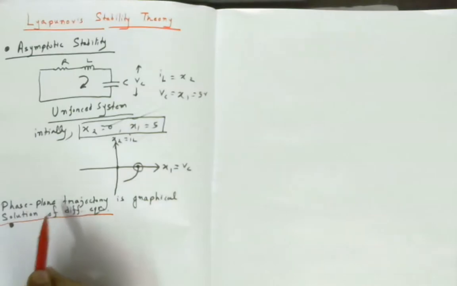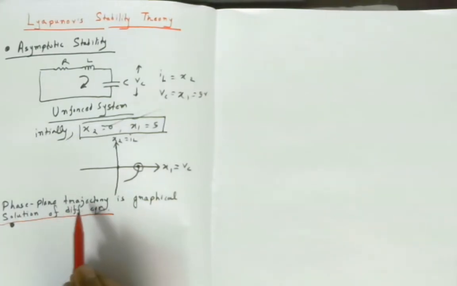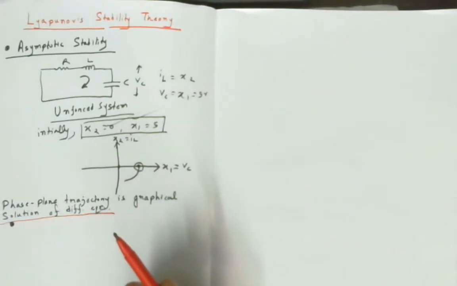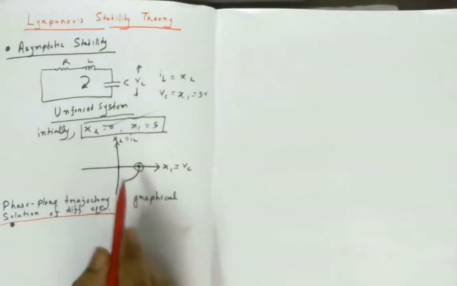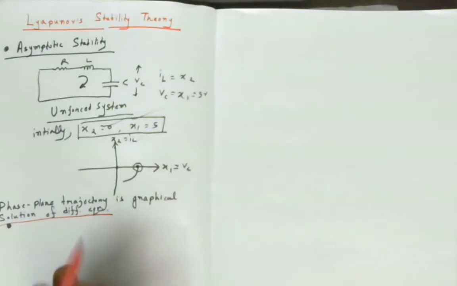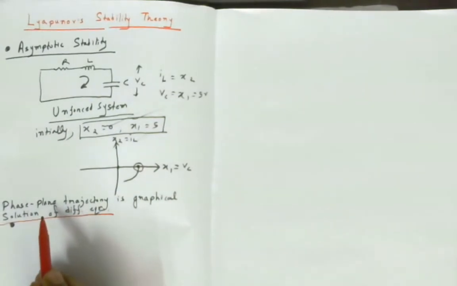So basically we are interested in the solution of the differential equation to have some pictorial view on the plane. We are drawing this to have a graphical solution, but this is basically a solution, right? We are working on the solution of the differential equation.